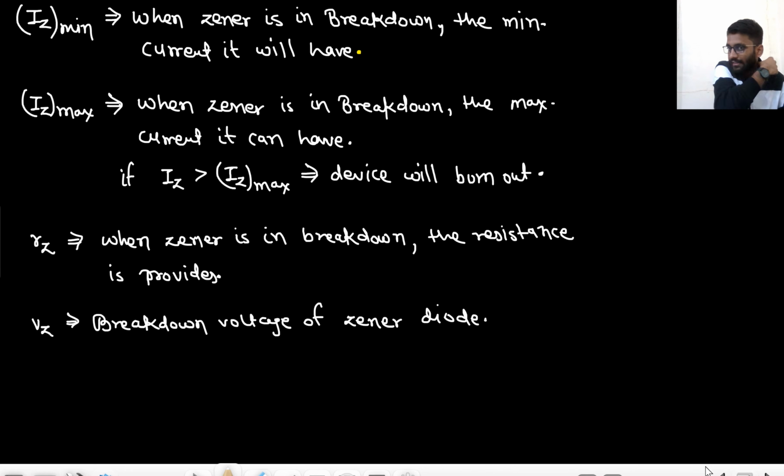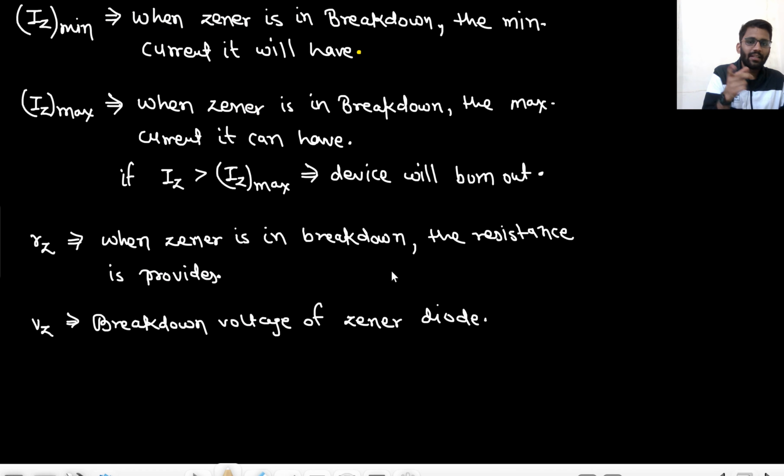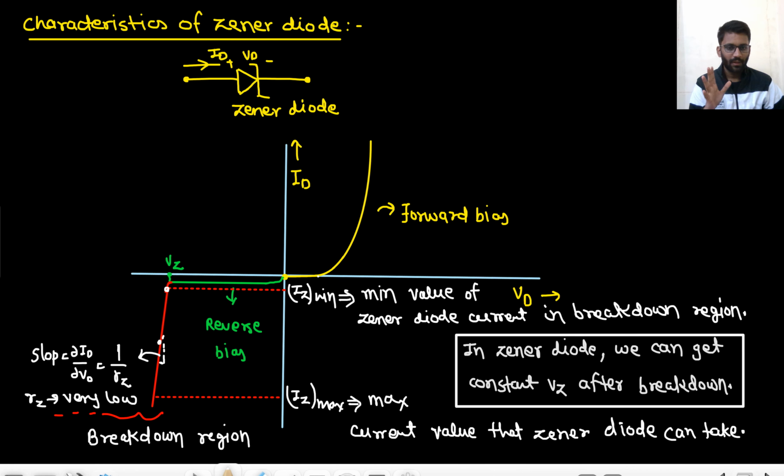What is Rz? When the Zener is in breakdown, the amount of resistance it provides, that is Rz. And what is Vz? That is the breakdown voltage of the Zener diode. All clear to you?